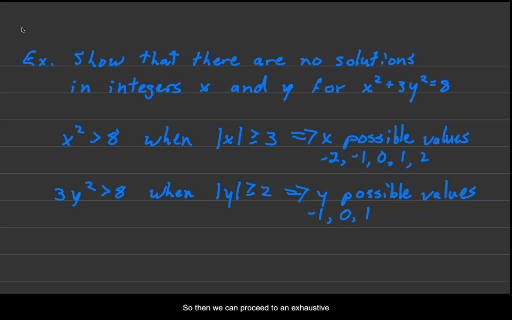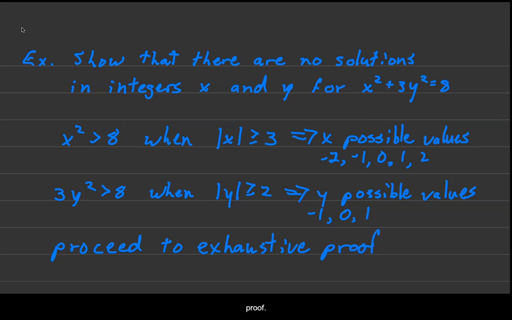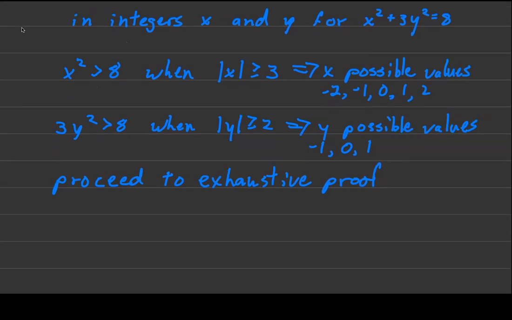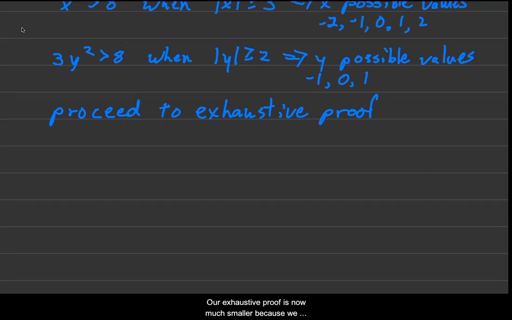So then we can proceed to an exhaustive proof. Our exhaustive proof is now much smaller because we only have those established particular values to try out.